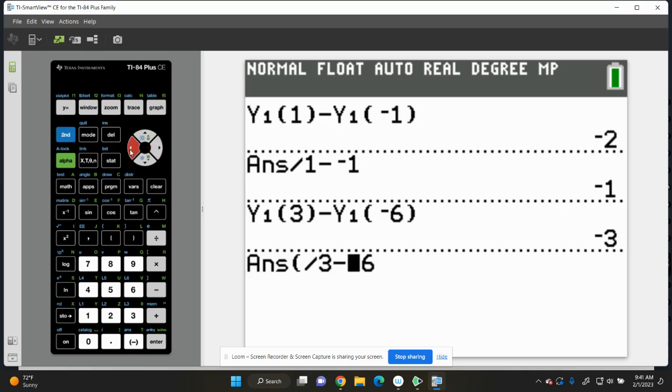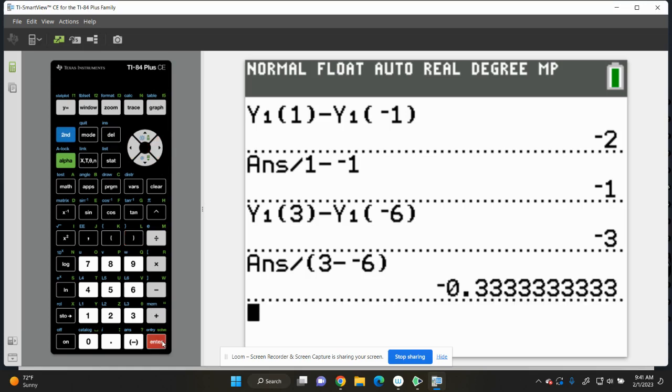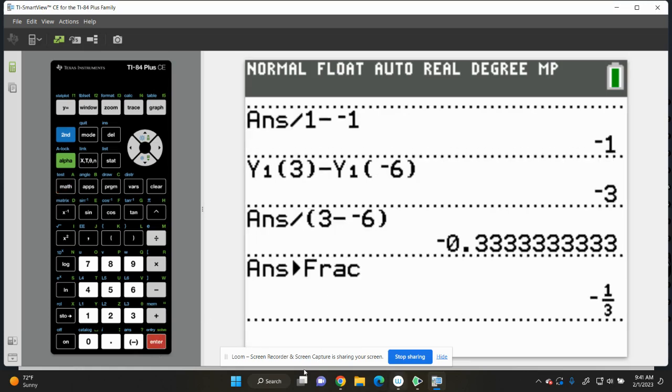Oops, it's so hot on this. Let's try that again. And we get negative 1/3.